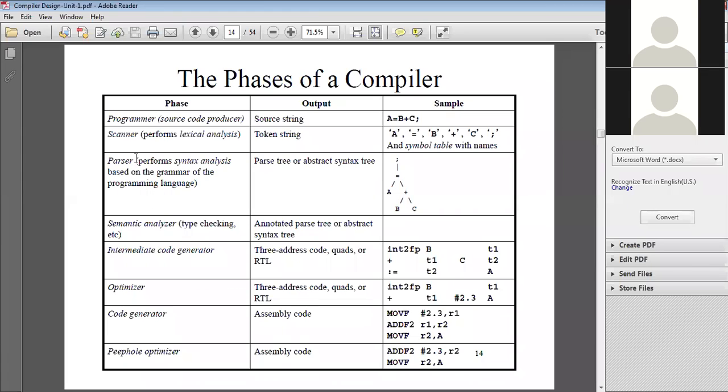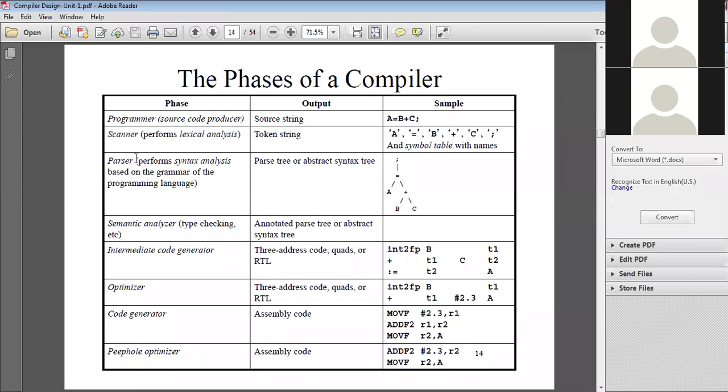Again, we are now considering the parser. The parser performs syntax analysis based on the grammar of the programming language. Each programming language has its own grammar, and we have to follow the rules and regulations of the grammar of that particular language.